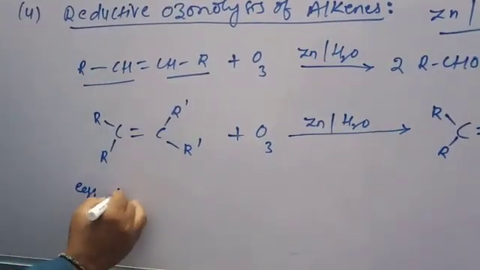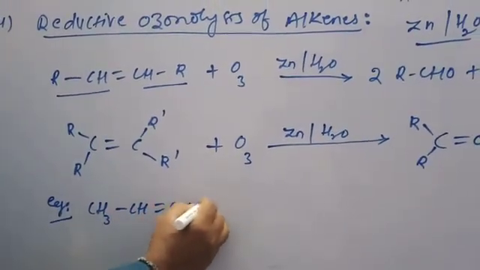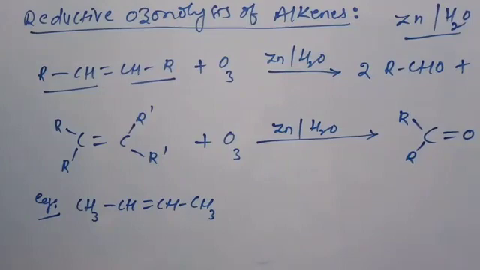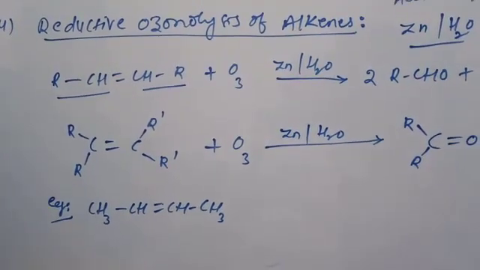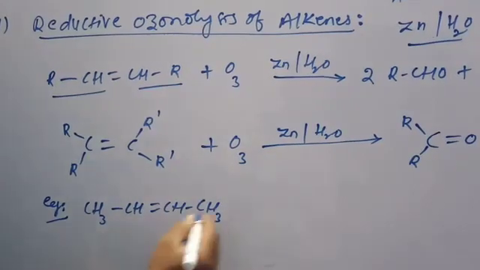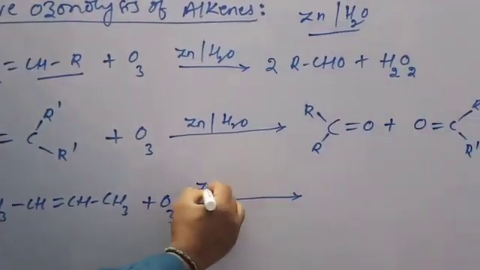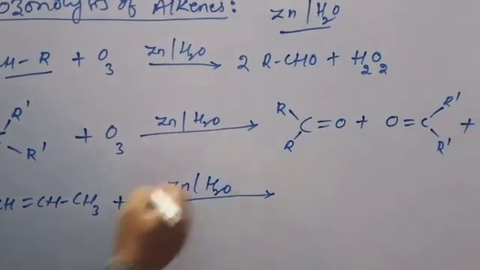For example, let us consider CH3–CH=CH–CH3, 2-butene, an alkene. It is treated with ozone in the presence of zinc and water.